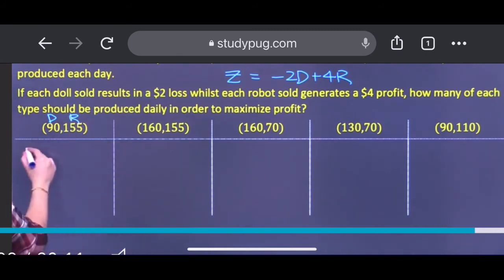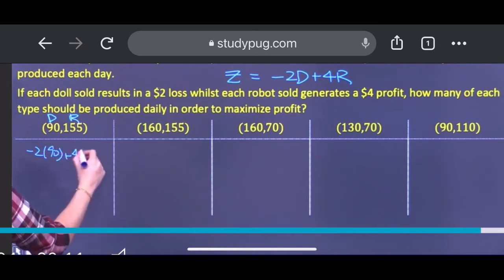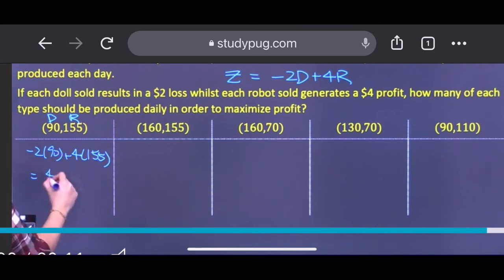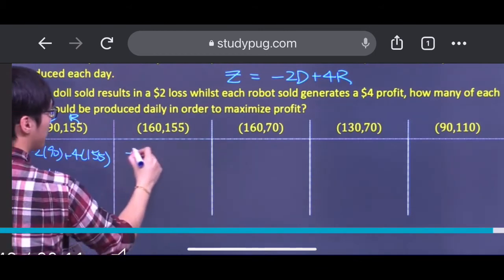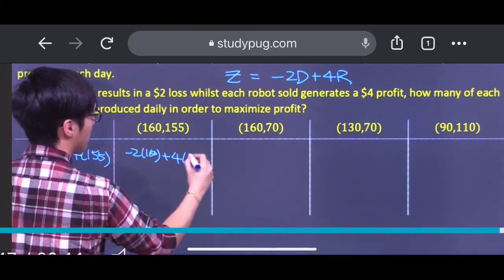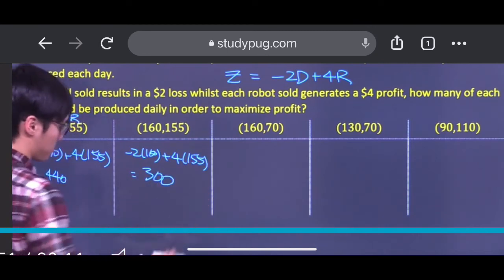So we have negative 2 times 90 plus 4 times 155, and that would give us 440. Next, negative 2 times 160 plus 4 times 155, and that will equal 300.